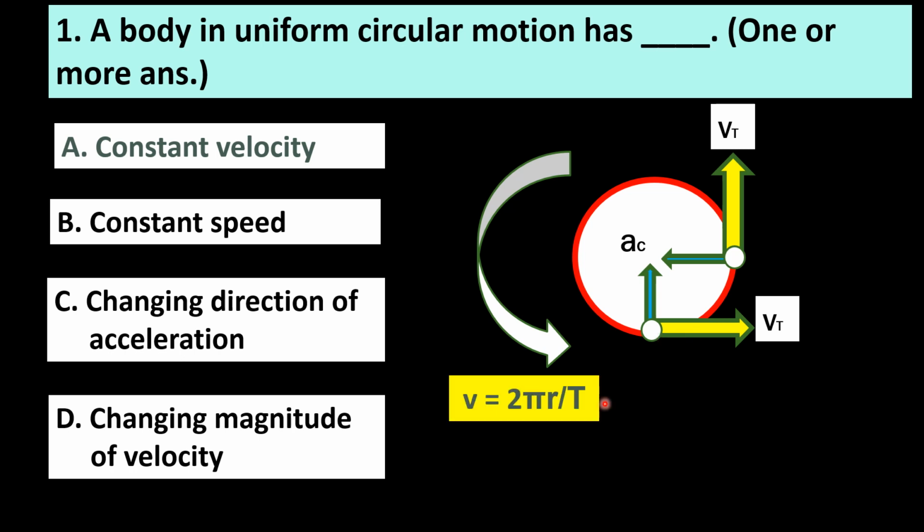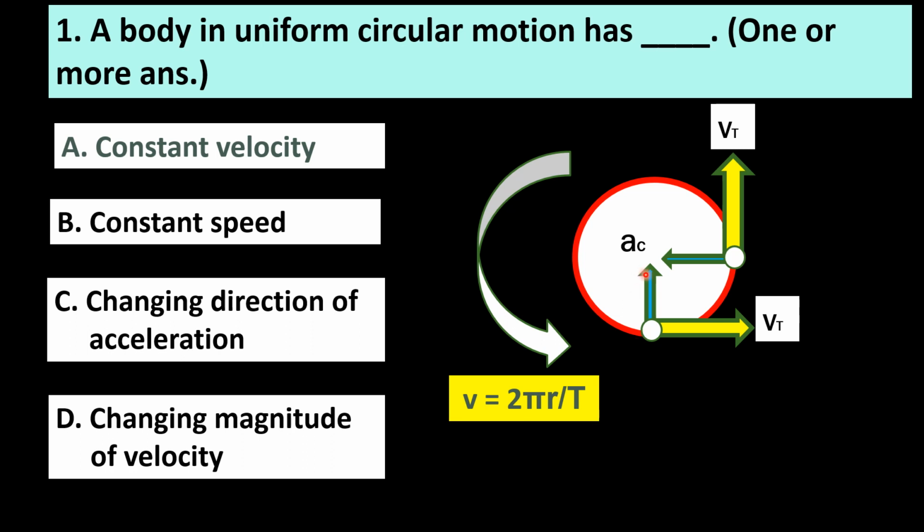We simply use the formula v = 2πr divided by the period capital T. This 2πr refers to the circumference of the circle, and capital T refers to the time for one complete revolution, the time it takes for this particular body to go around the circle and come back to its original initial position. The time taken is what we call the period, denoted by capital T.